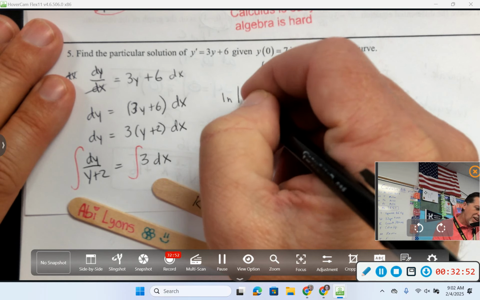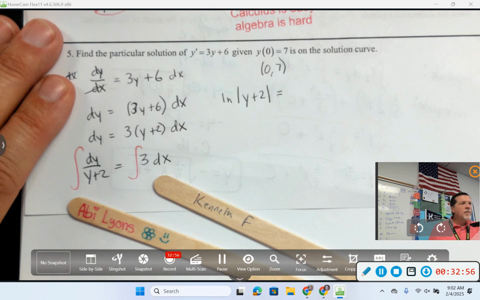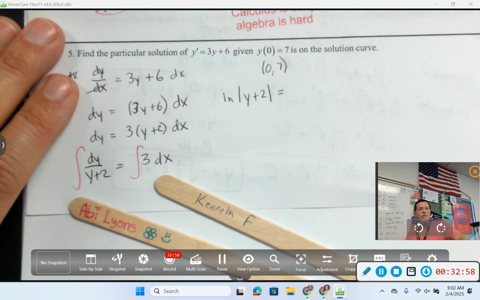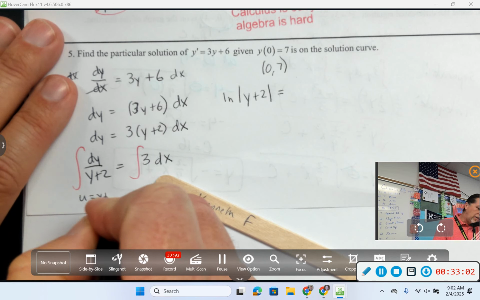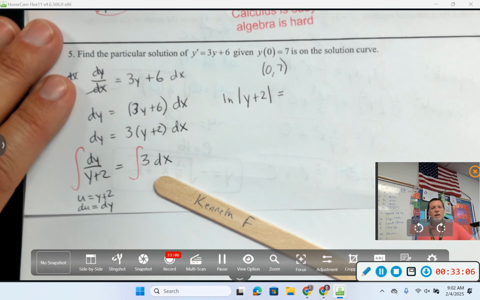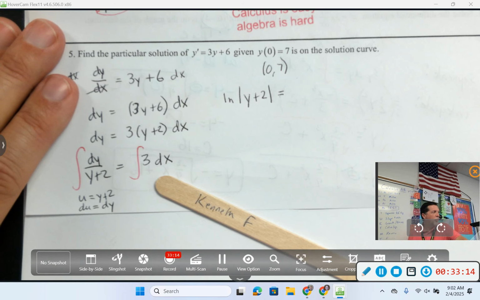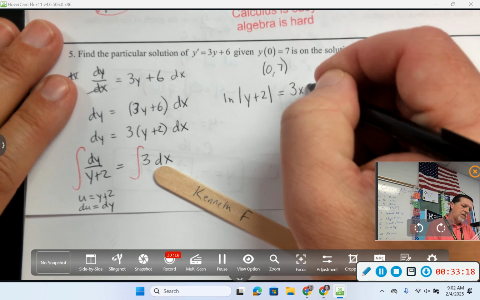Natural log, absolute value, y plus 2. Now, Abby did that without u-substituting, or maybe she did it really fast in her head. But if you needed to, you can do the u substitution. It's a pretty easy one. But you land at natural log of y plus 2. Kenneth, how about the antiderivative of 3 dx? 3x plus c. 3x plus c.